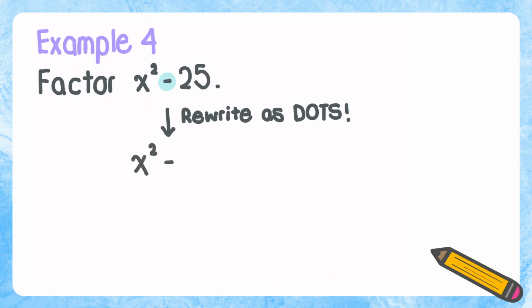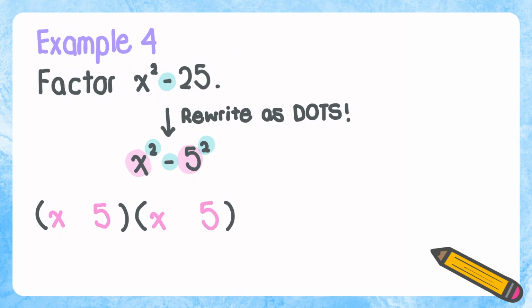So x squared just stays the same, minus 5 squared, because if you notice, 25 is a perfect square. So now we have a difference of two squares with the bases x and 5. So we're going to write it in this format. So we have x plus 5 times x minus 5. Or we can always write this as x minus 5 and x plus 5.